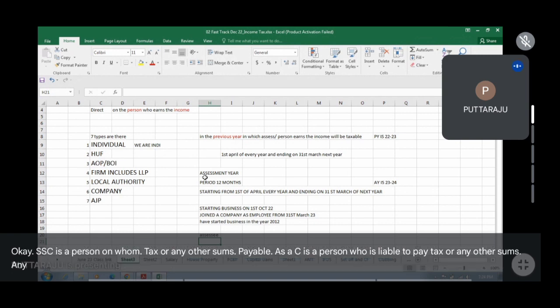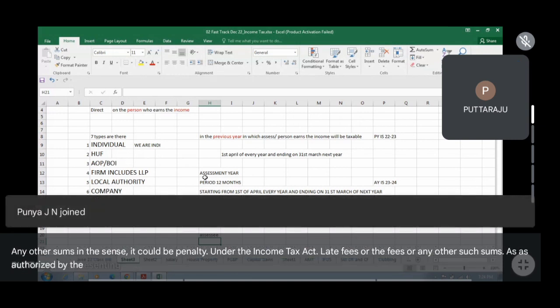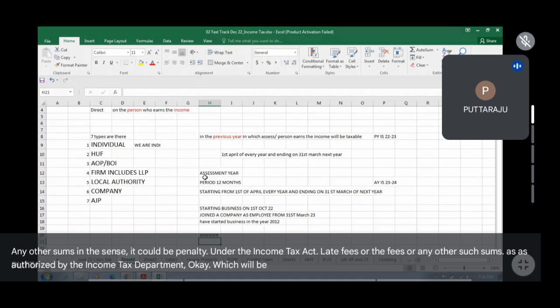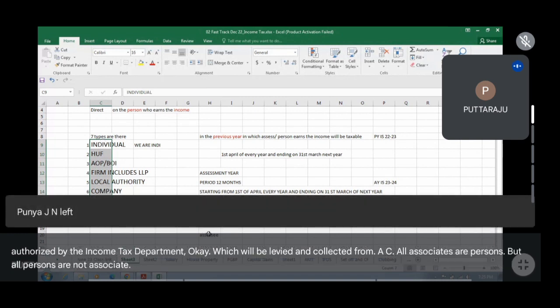Any other sums in the sense it could be penalty under the Income Tax Act, late fees or any other such sums as authorized by the Income Tax Department, which will be levied and collected from the assessee. All assessees are persons, but all persons are not assessees. Do you guys agree?